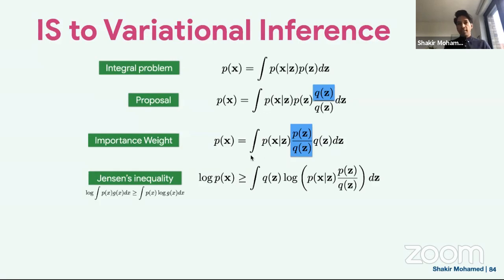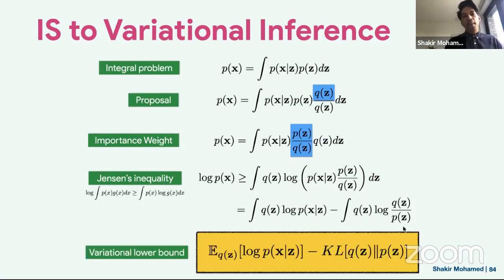Jensen's inequality lets me take the log inside the integral, and it becomes an average over q of z times the log of this quantity. This is a very different kind of quantity. I can split this in two because of the way the log works. I get an expectation under q of the log likelihood minus an expectation under q of a log ratio.